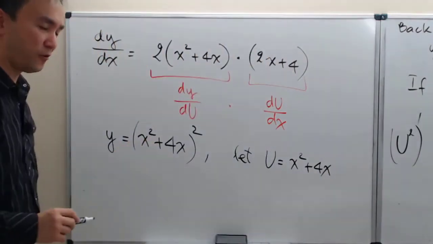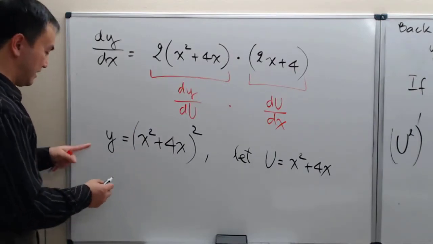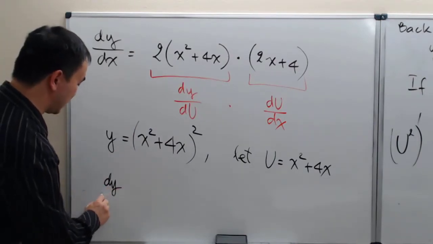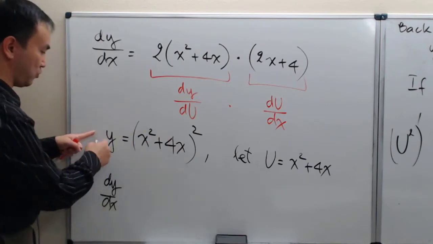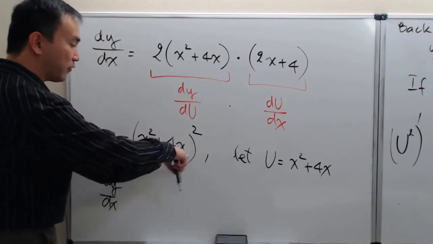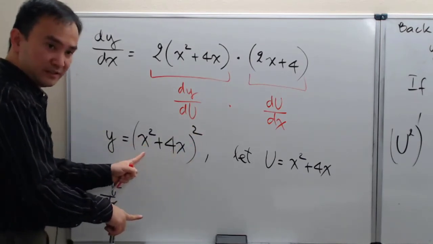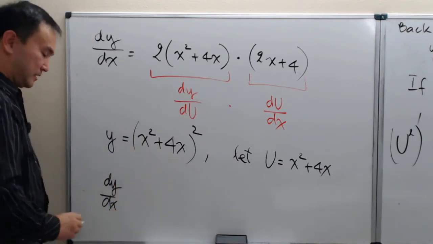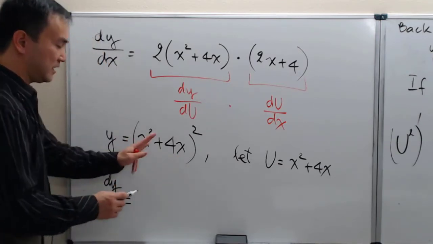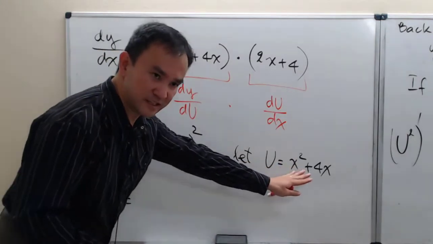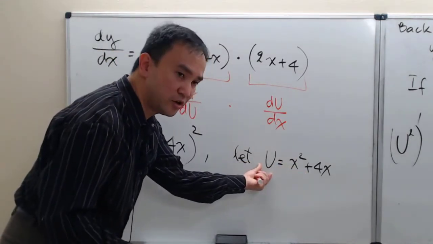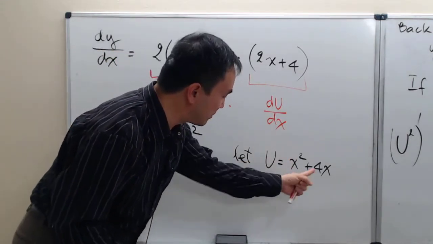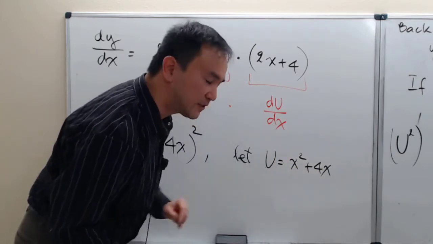So here I'm formulating the chain rule. We want to find dy dx because ultimately y is an overall function in terms of x as the final variable. But along the way, we did a substitution by letting a new variable u replace the entire x squared plus 4x.